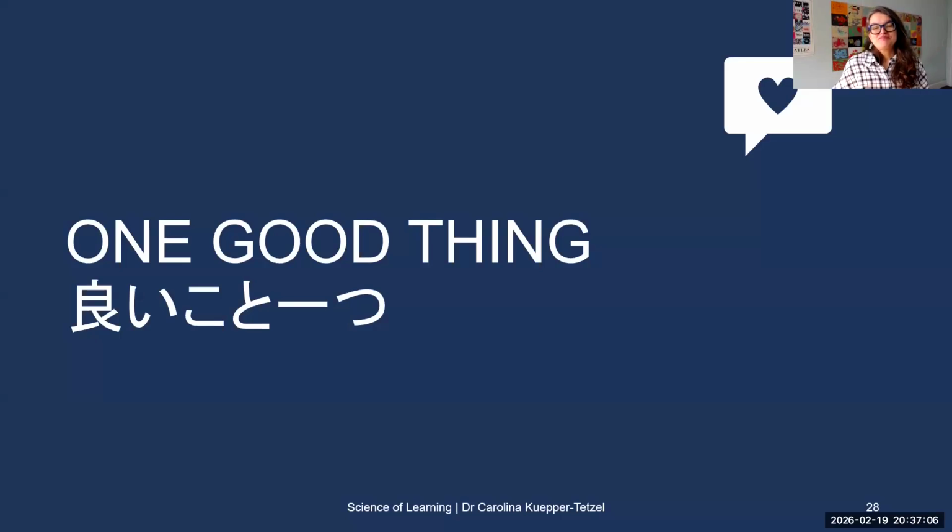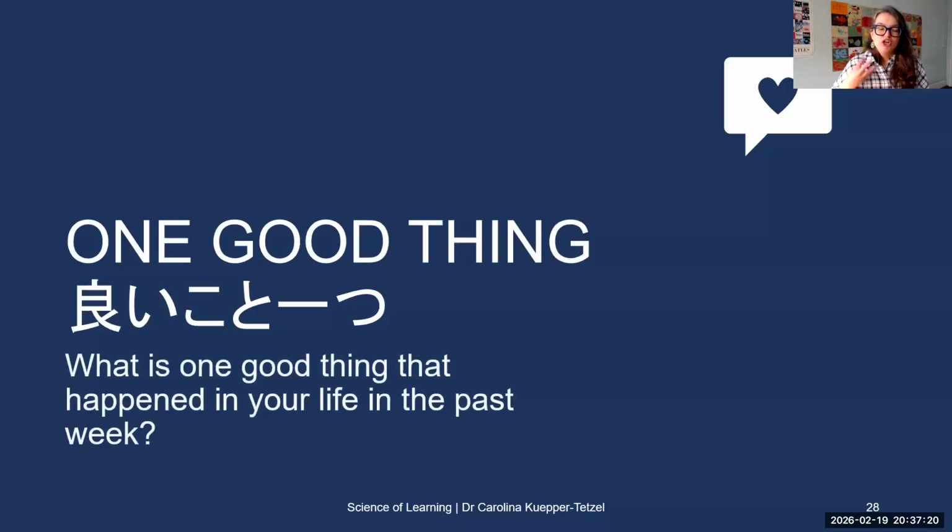Okay. And what I would like you to do for this, it's just a wee activity, is to think about one good thing that has happened in your life in the past week. Okay? It could be something very small. Maybe you tried some new food, or you met a friend and had a conversation, and it could be something bigger as well.